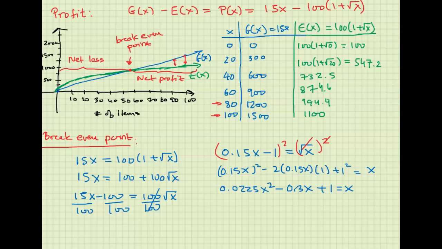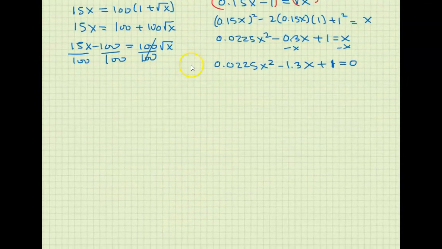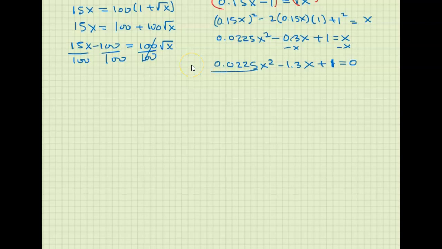It's a quadratic, so subtract x from both sides. 0.0225x squared minus 1.3x plus 1 equals 0. All right, I'm going to divide everything by 0.0225. Again, not necessary, but I'm hoping the numbers are going to be a bit nicer to work with in the quadratic formula.